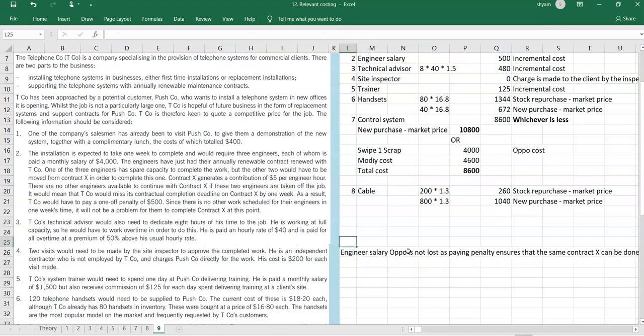Okay, so this is a note, and this note is regarding point number 2. So you can take this as a note. Engineer salary, so the opportunity is not lost, because we are not losing that order. Next week we can work out that order, because we have paid the penalty.